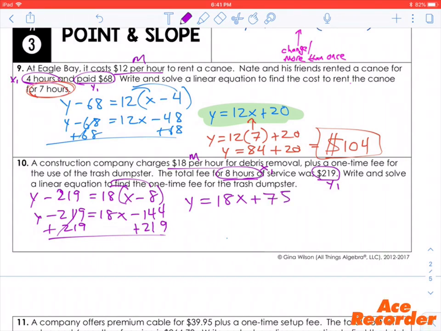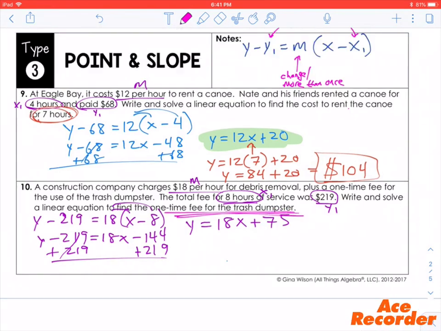And so, once again, look at the last thing: solve an equation to find the one-time fee for the trash dumpster. Well, if it's a one-time fee, that means it's basically our starting point, what we talked about before.